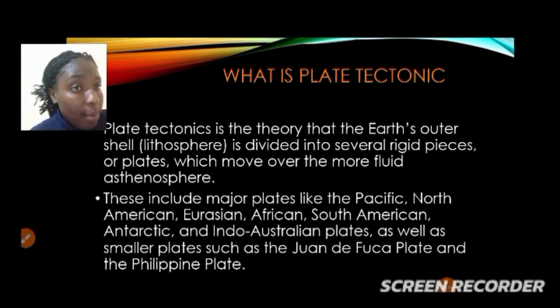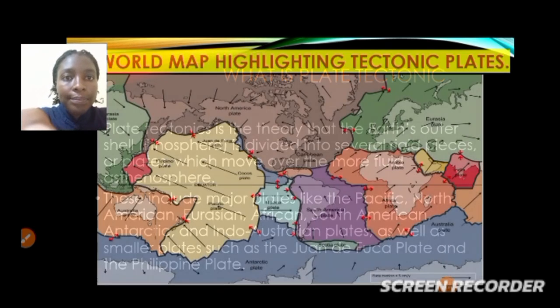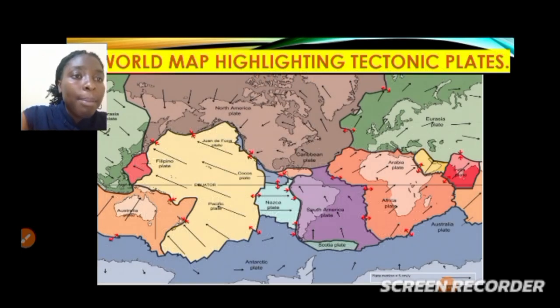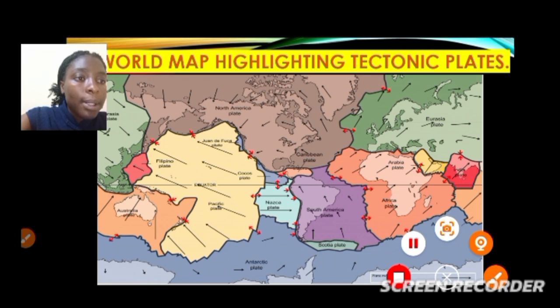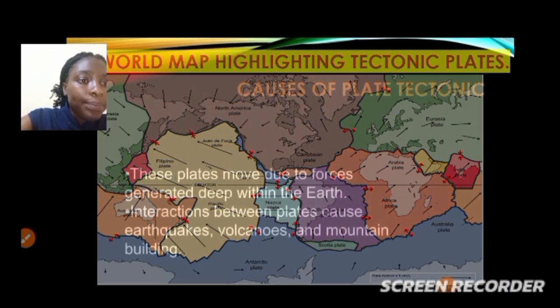We have 7 major plates: the Pacific, the North American, the Eurasian, African, South American, Indo-Australian plates. Then we have the minor plates. I carried a map with me, which I'm going to show you the 7 plates and the minor plates.